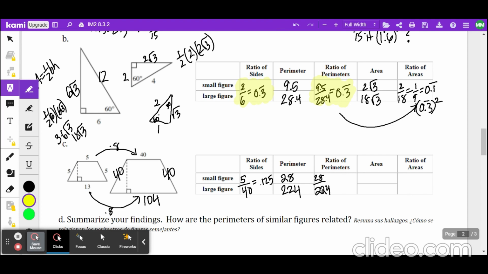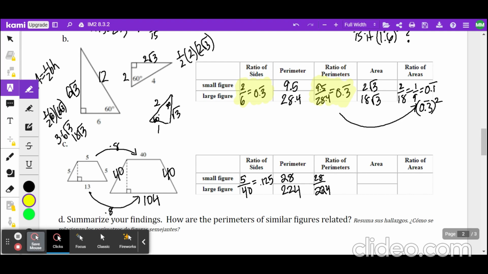Okay, let's check this. 28 divided by, get rid of this. 28 divided by 1.